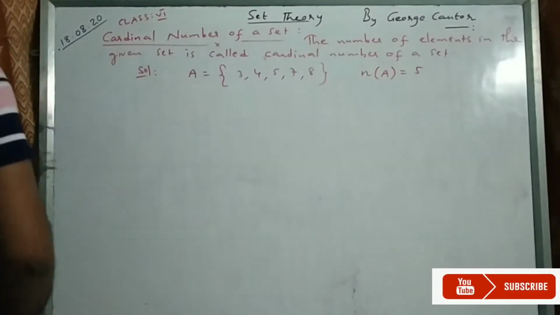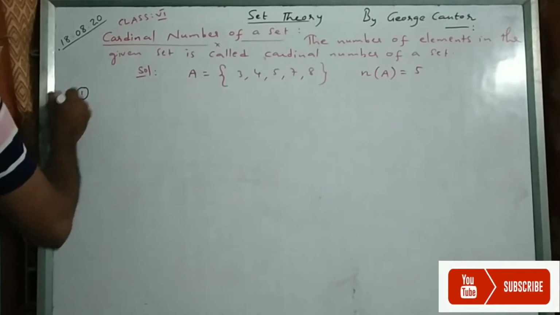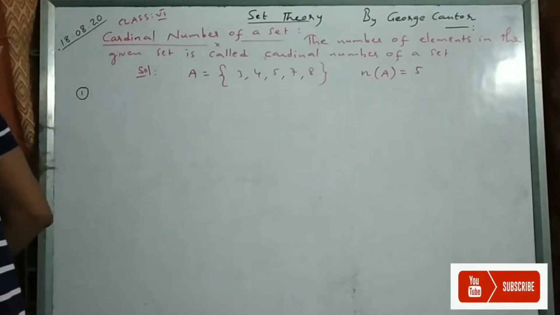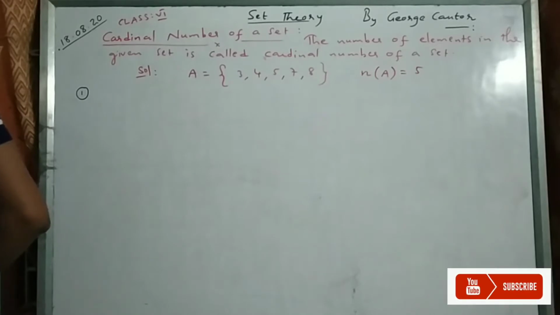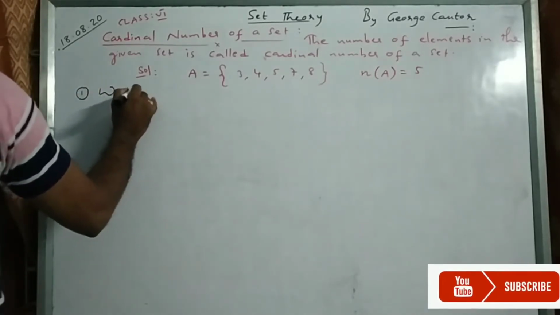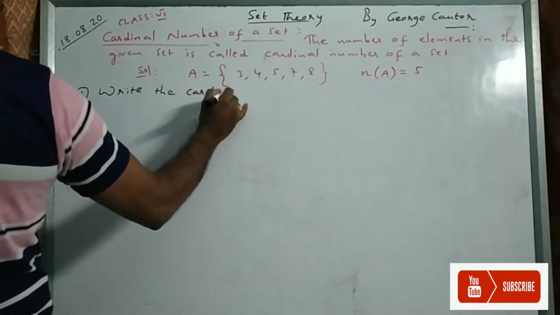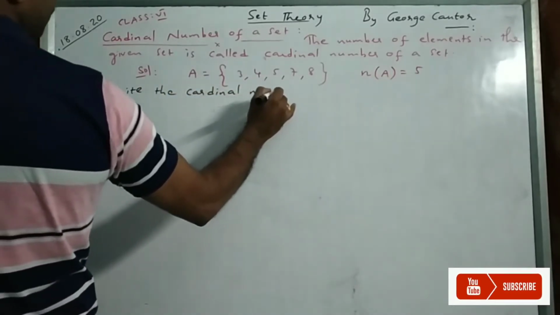So on this, let us see one problem. You will understand clearly. Write the cardinal number of each of the following sets.